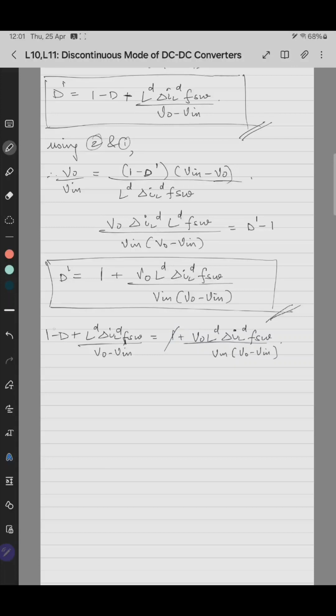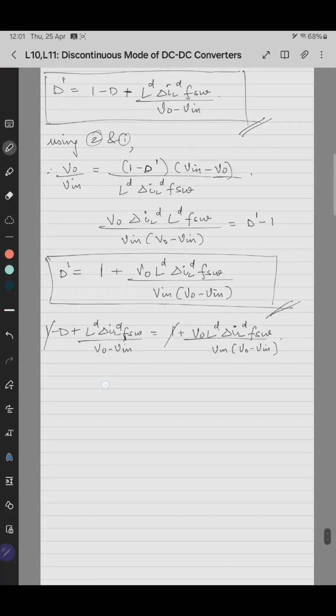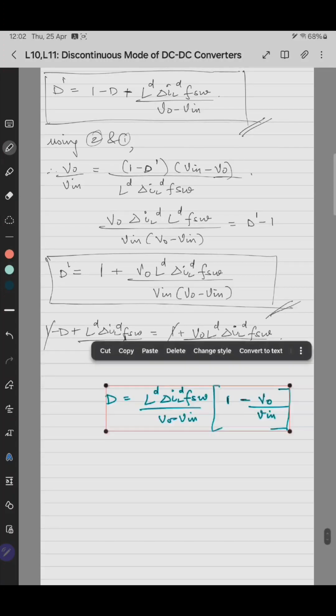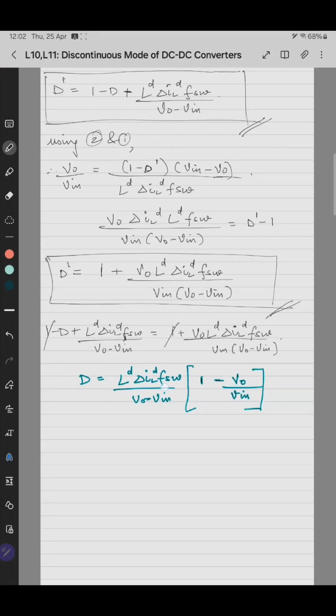This we have equated, so this gets cancelled, and the final expression of this will be this.